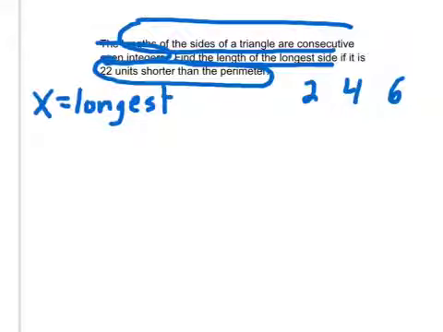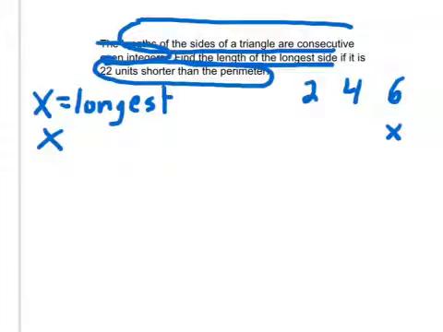We have three sides, three consecutive integers. I'm making the longest x, so the longest side in this case is 6. How would I represent the two shorter sides? If my longest side is x, how can I represent this side in terms of x? Meaning, I need to have an x in there.